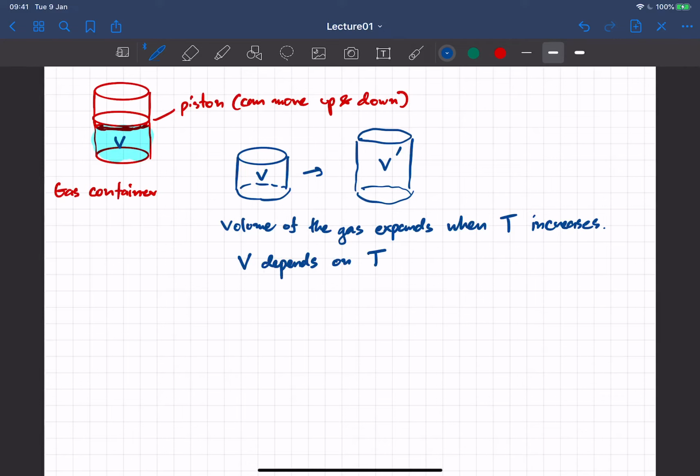on the temperature, right? So in a sense, we can use this gas in a container as a measuring device that measures the temperature.